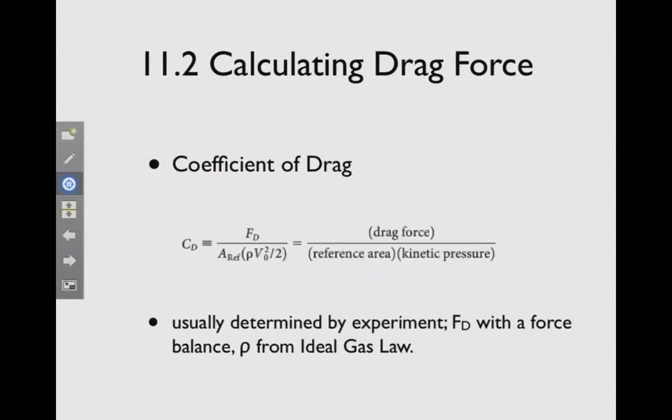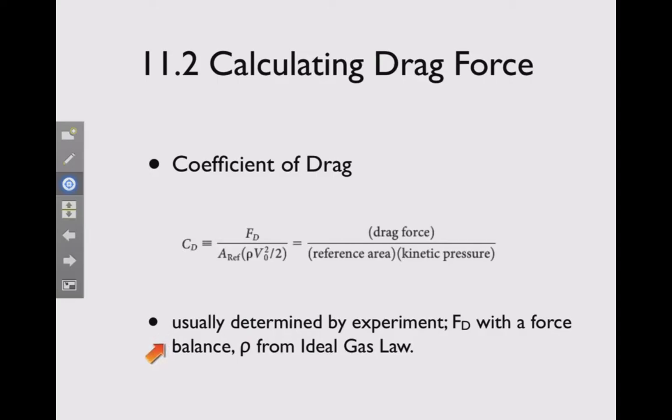So one way of looking at drag in fluid mechanics is to express the drag coefficient. It's defined as the drag force over the reference area times the kinetic pressure, or the kinetic energy density, if you will. And it's usually determined by experiment.